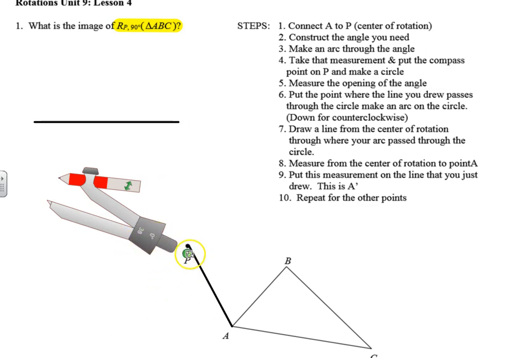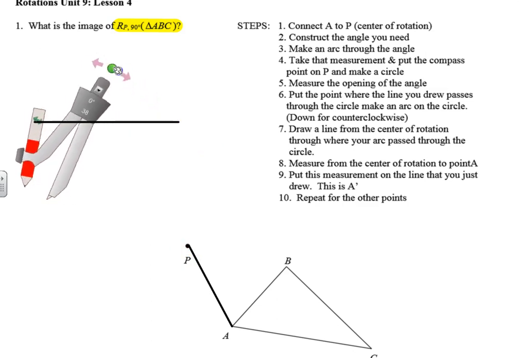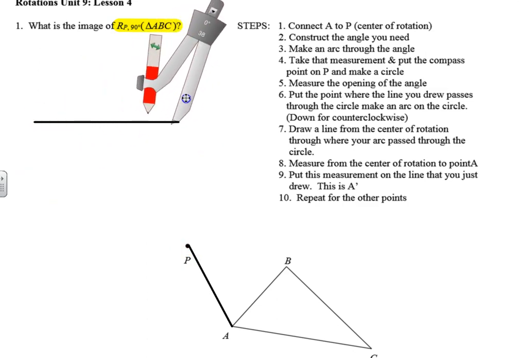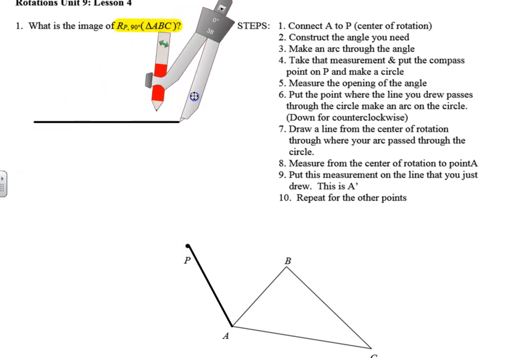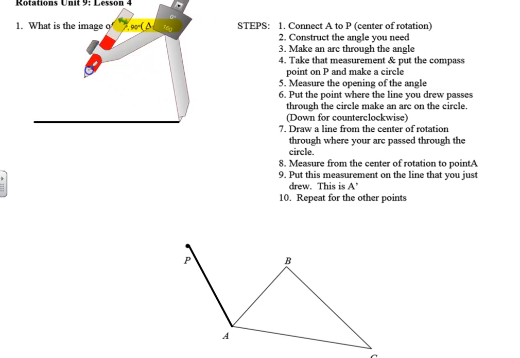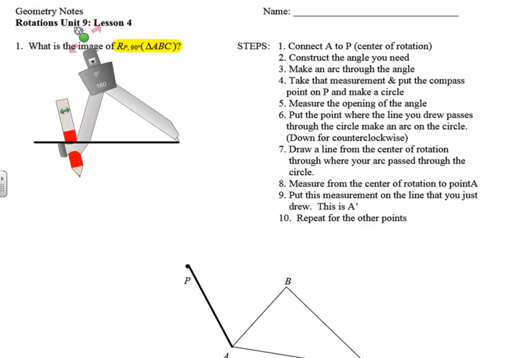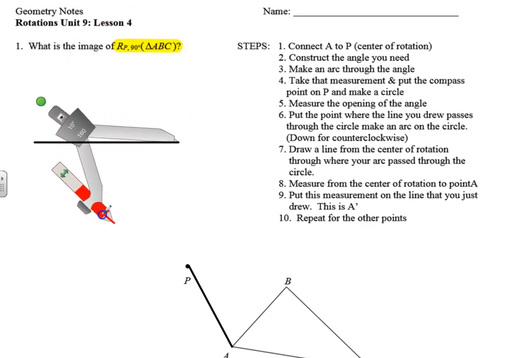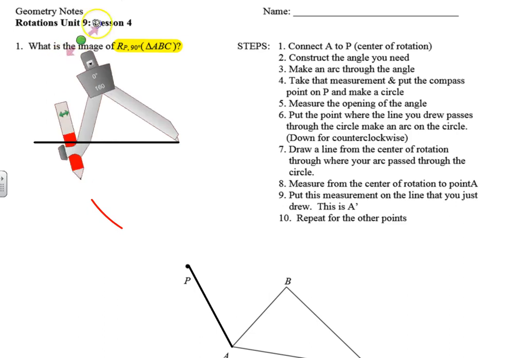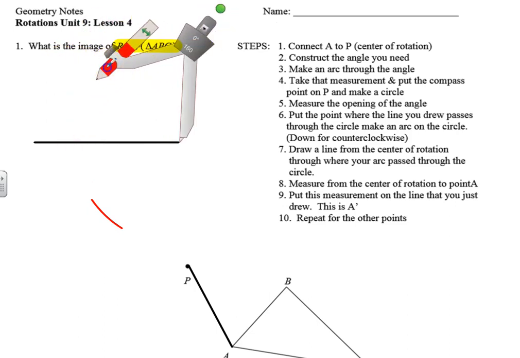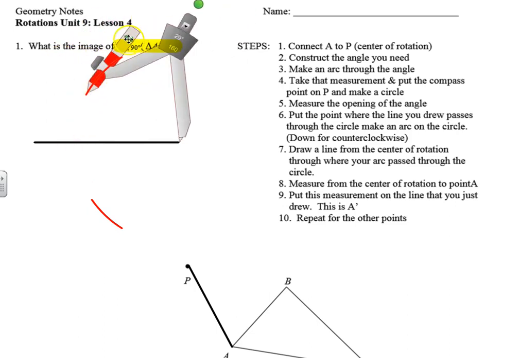If we start off with a segment, let's put our compass point on one end of that segment and open more than halfway. In this case, you don't really need to do the full surfboard. You can, but you don't have to. We just need the above and the below pieces.